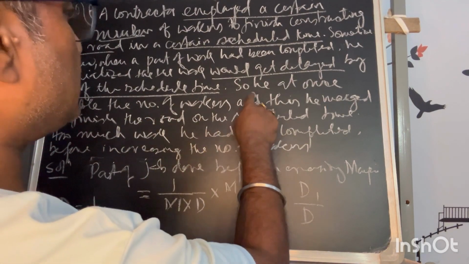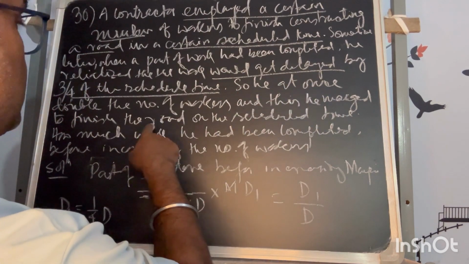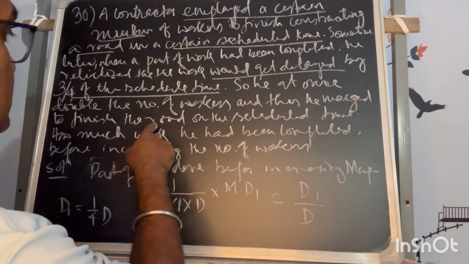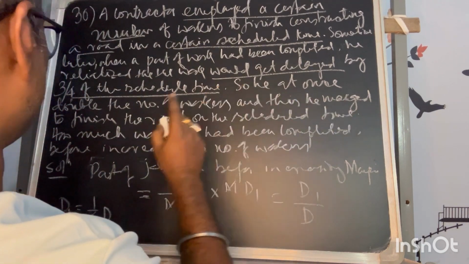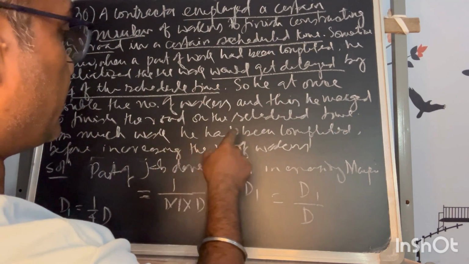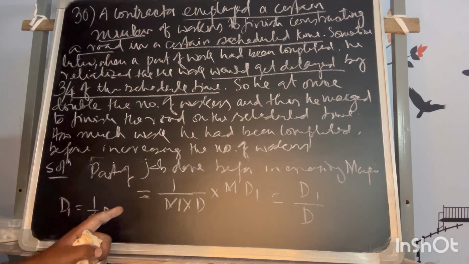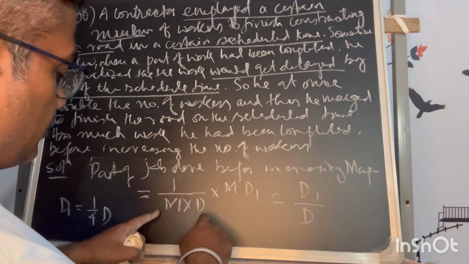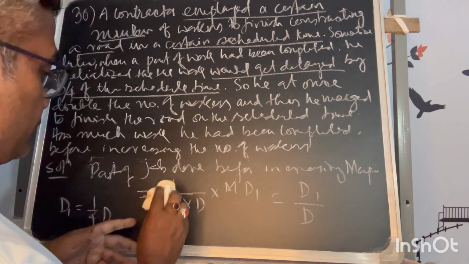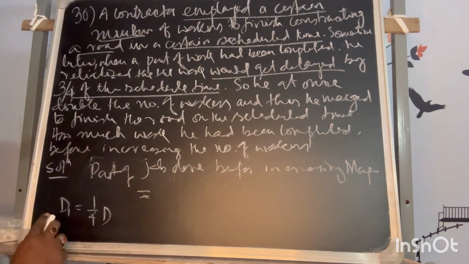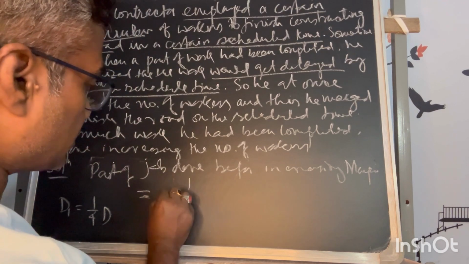So what is the requirement? He managed to finish the job on the scheduled time. How much work had been completed before increasing? That means the rate of work, this is D1 minus 1. Rate of work is how much?